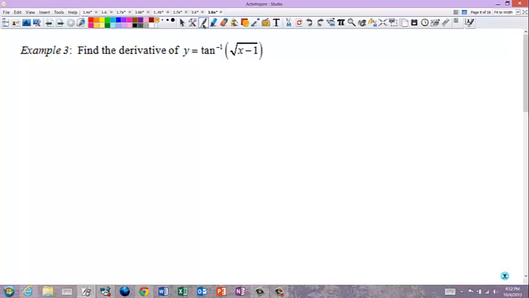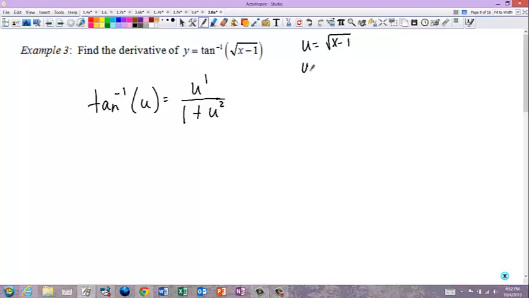Find the derivative of y equals inverse tan of the square root of x minus 1. The inverse tan derivative equals u prime over 1 plus u squared. So I need to find my u. My u is the square root of x minus 1, and my u prime is 1/2 times (x minus 1) to the negative 1/2.